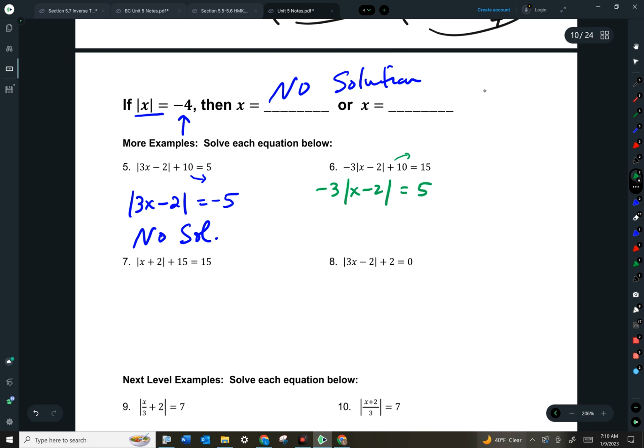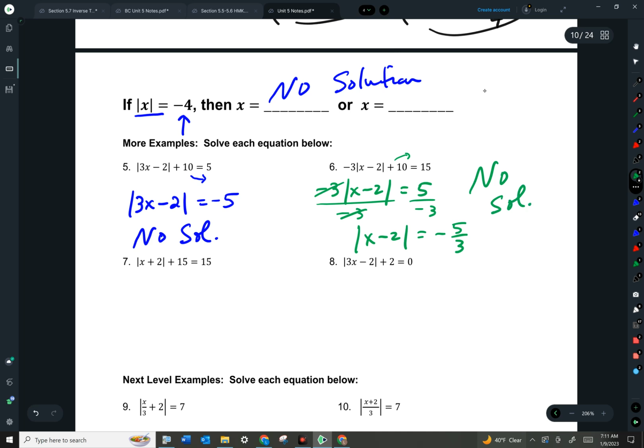All right, I can't say no solution because I don't have the absolute value by itself yet, right? In order to get the absolute value by itself, I'm going to have to divide both sides by -3, and they cancel on the left, so I have the absolute value of x minus 2. And do you see now on the right side, I have a -5/3. And since there's no way absolute value can equal negative, now we can say no solution.